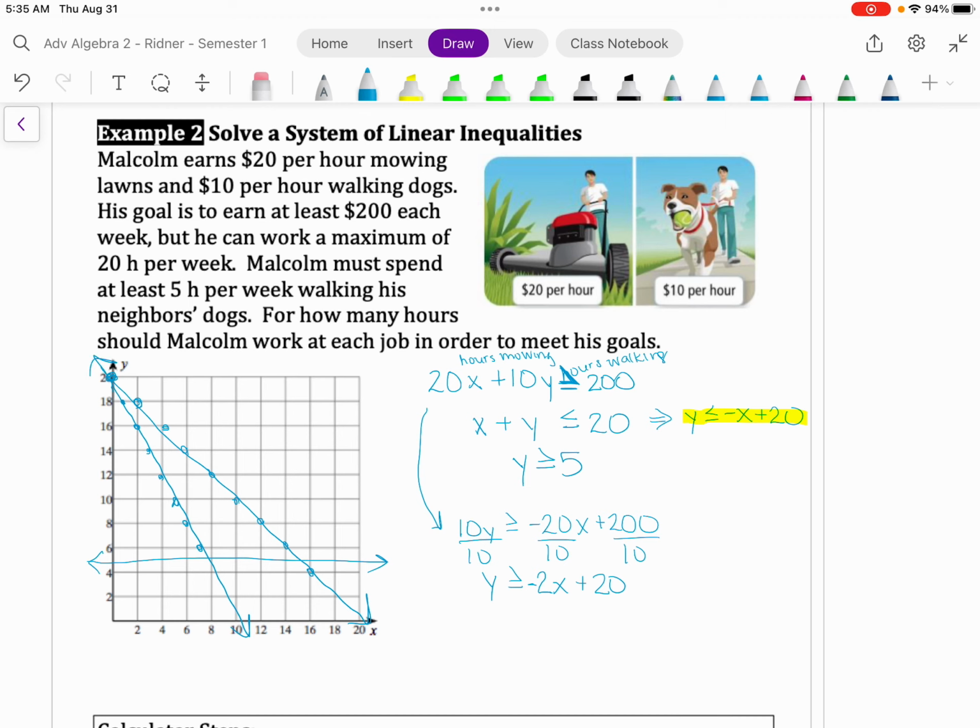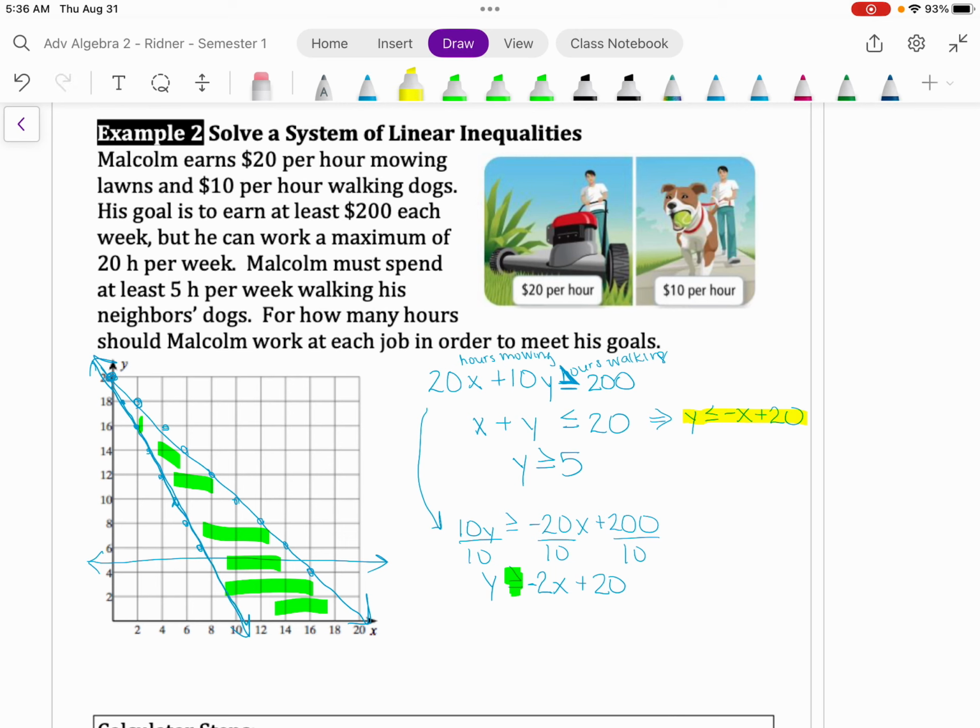Now, what about this part about inequalities? What does that have to do with anything? Well, we're going to pay really close attention to our sign. So greater than or equal to that line I just graphed is this way, because it is above the line. So above that line, terrible redrawing of it, but above that line is that way.